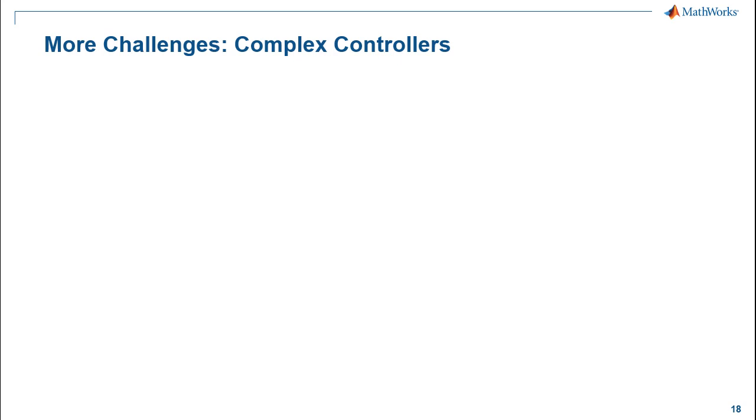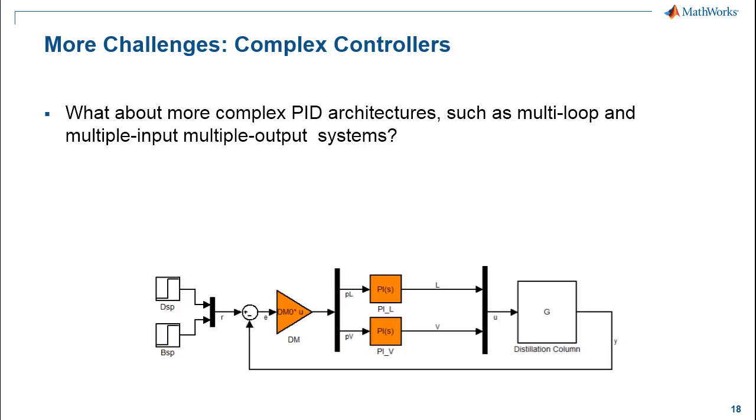I also want to acknowledge that there are more challenges that people have to face when designing PID controllers. Oftentimes, a simple single input, single output PID controller is not enough, and you have to deal with more complex architectures such as multi-loop and MIMO architectures, where there might be multiple PID controllers and maybe other blocks to tune, like this example where we have two PI controllers and a decoupling matrix to deal with this multi-input, multi-output distillation column plant.